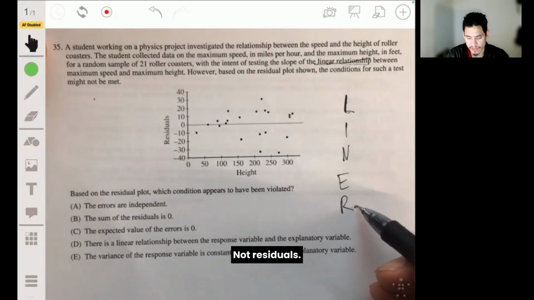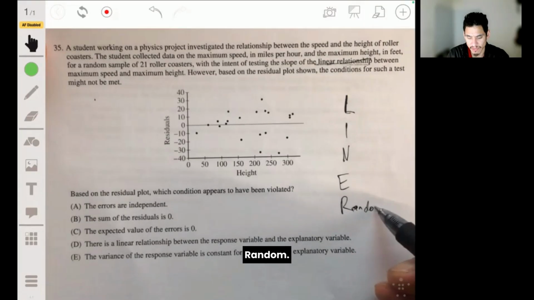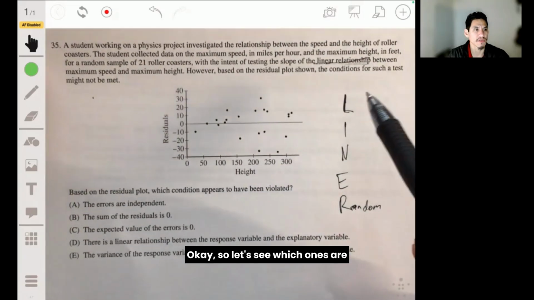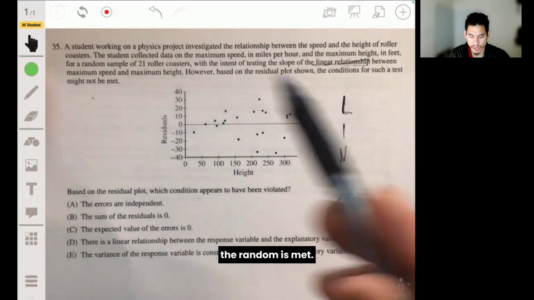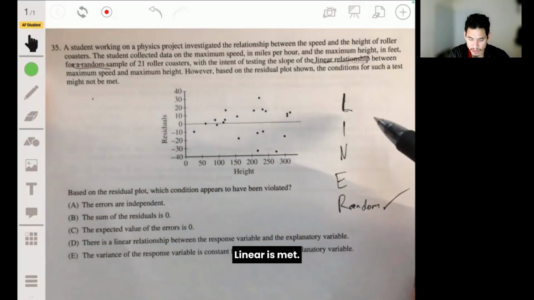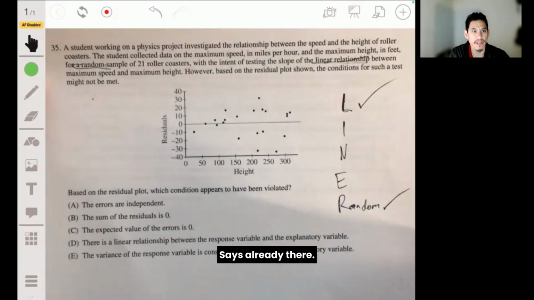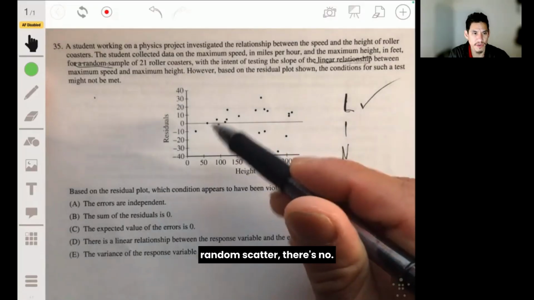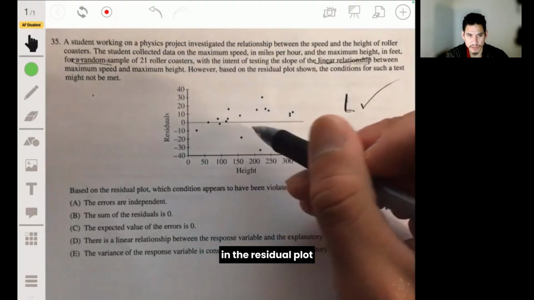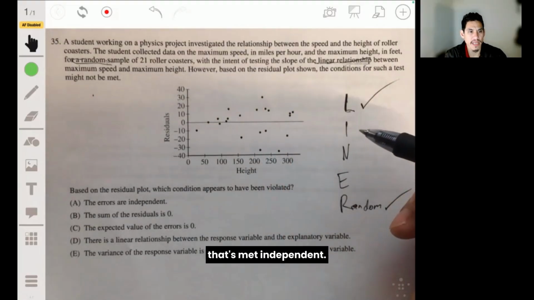So random is met, it says right here. Linear is met, it says already there. And because there's random scatter, no obvious pattern in the residual plot, that's met.